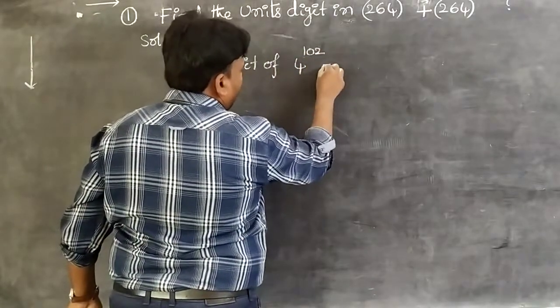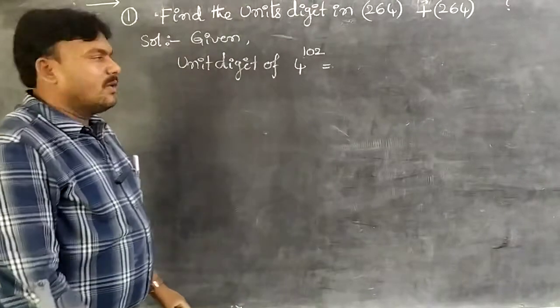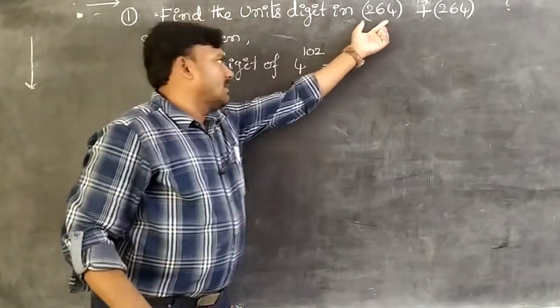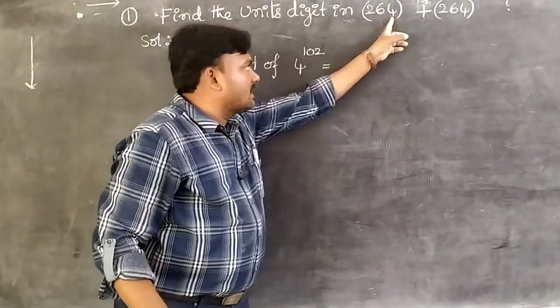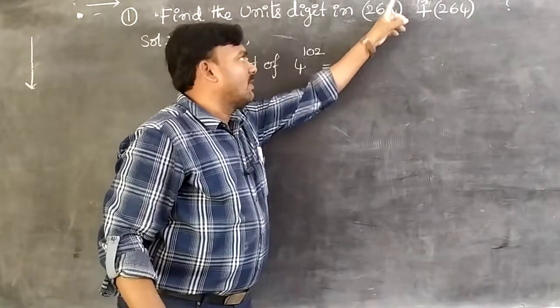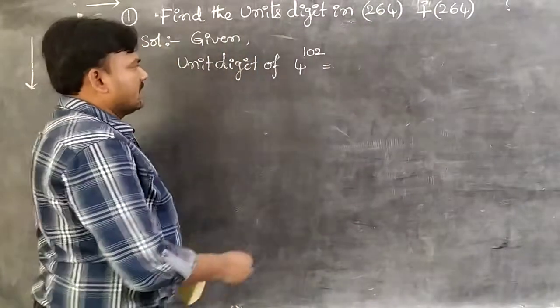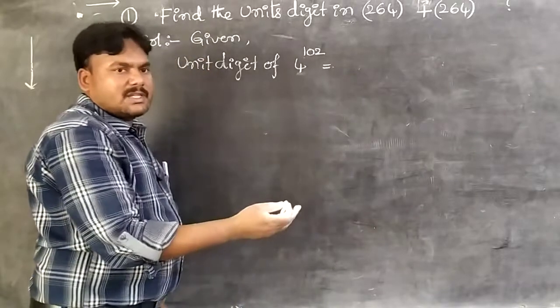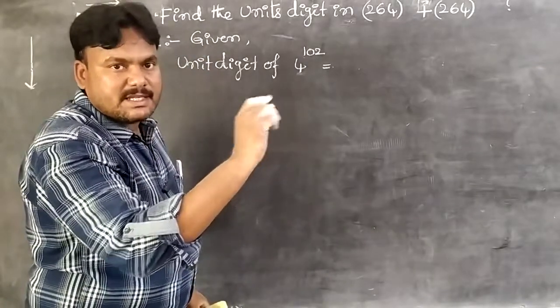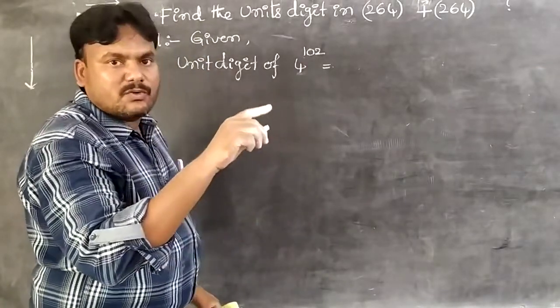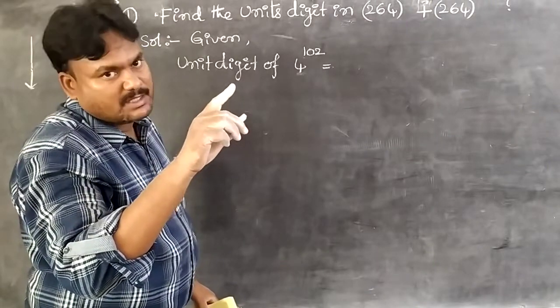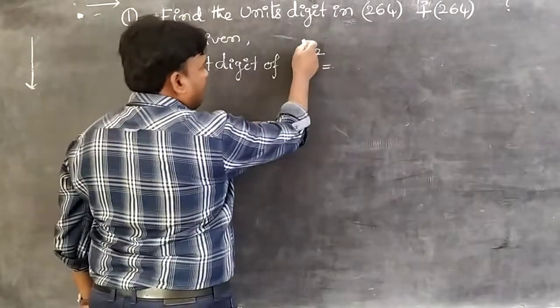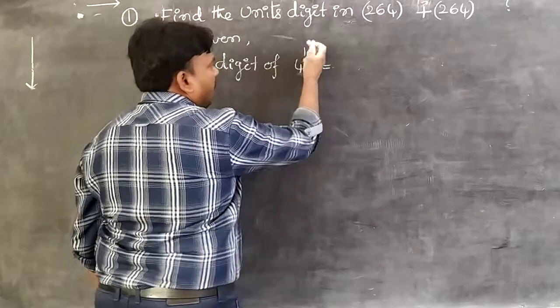Unit digit of first value we have taken here is 4. So then that implies 4 square value is 16. 16 means unit digit is 6. 4 power 4 also 256. What is the unit digit? Also 6.